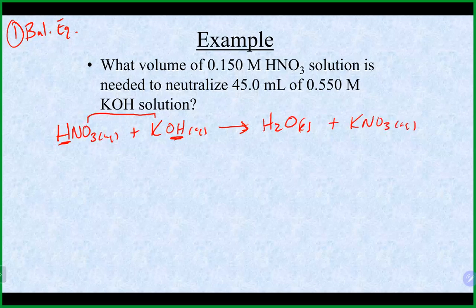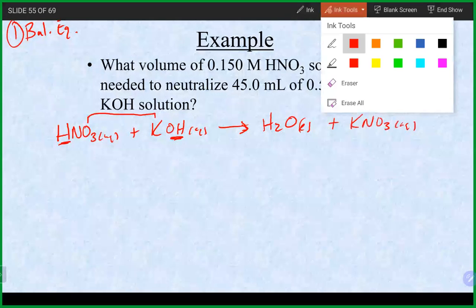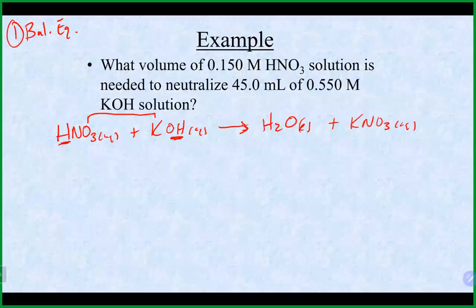Just like normal, we want to make sure that it is balanced, which it does look like it is. I think in this case, we've got a couple of hydrogen, a nitrate, and we've got potassium. So I think we're good in terms of the balancing aspect of it. The next thing that we want to do is think about what is given to us. So we're looking for the volume here of HNO3, but we do have the molarity.